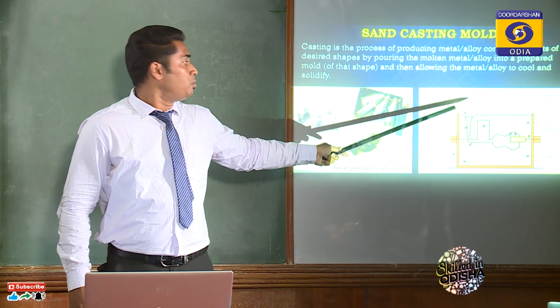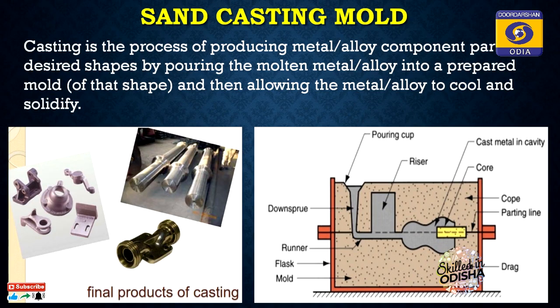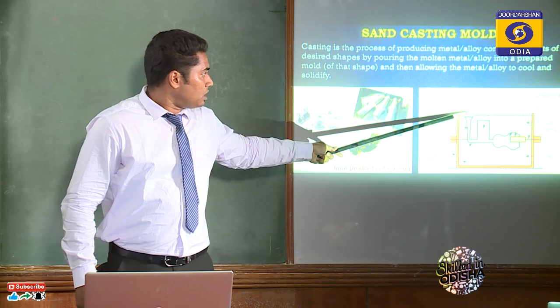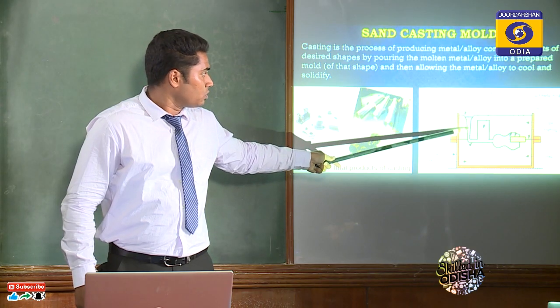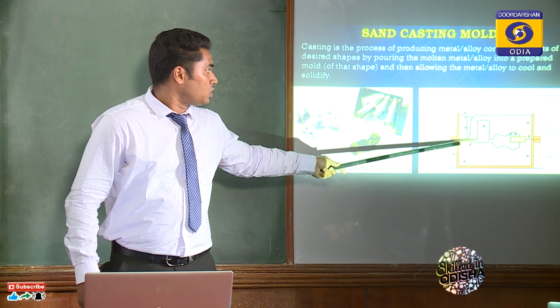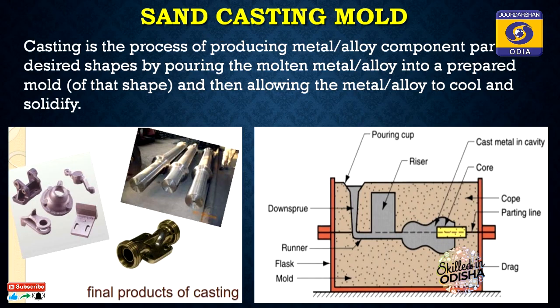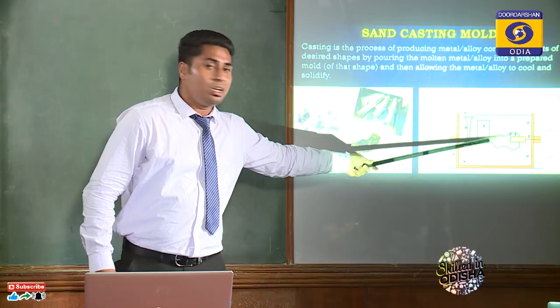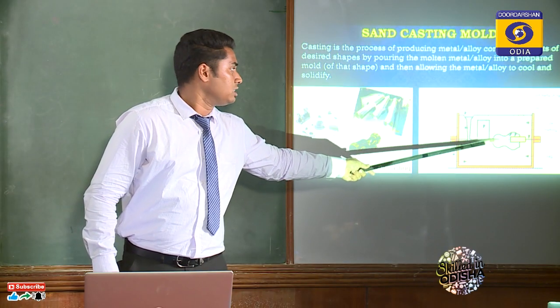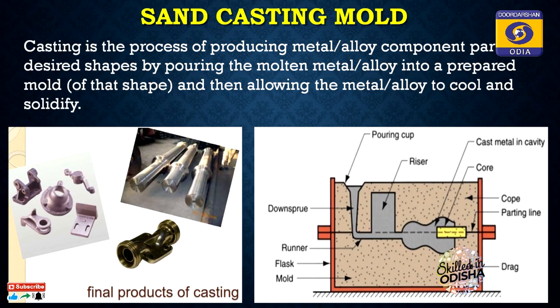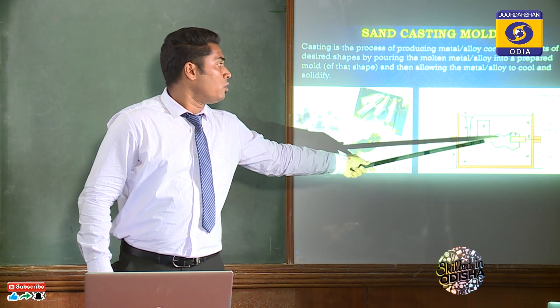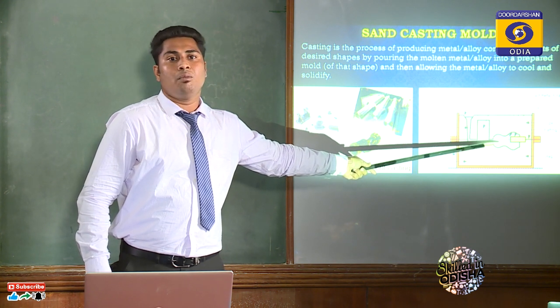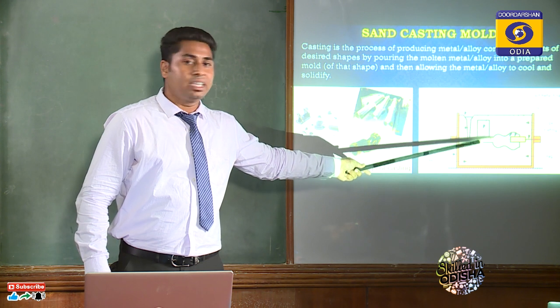First we pour the liquid molten metal through this pouring cup, and it flows through the sprue, then through the runner, then enters this mold cavity. You can see this is the mold cavity part which we have to fill by liquid molten metal, and the metal enters the mold cavity through the gate.